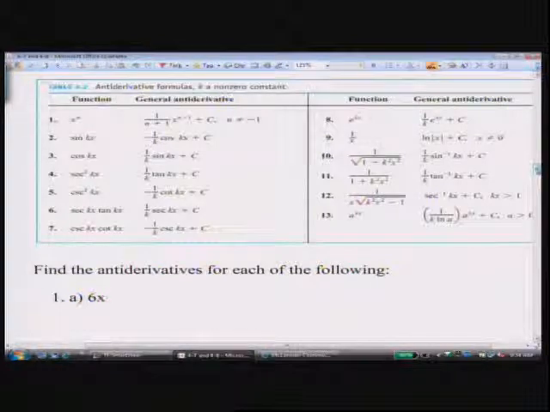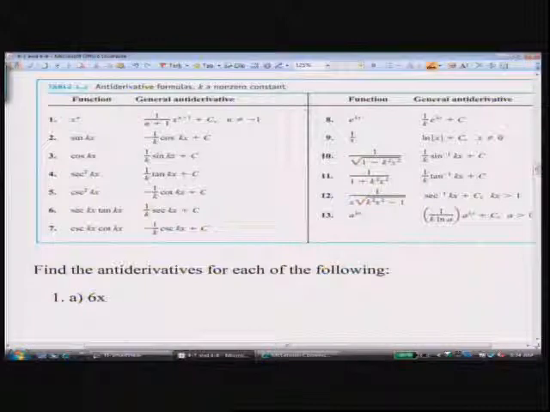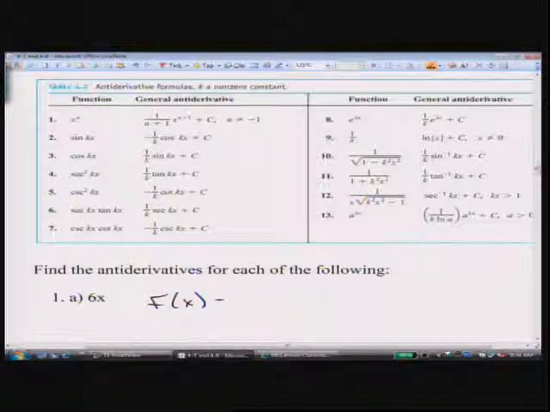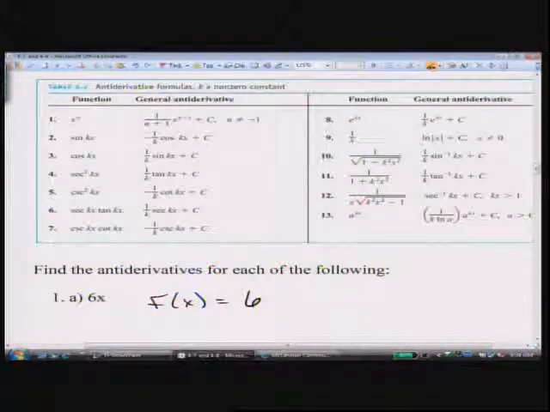Let's see. So what do you think the antiderivative of 6x is? Well, the constant always just tags along. And so it's going to be 6, and then according to the first one on the table, if the function is x to the n, the antiderivative is 1 over n plus 1, x to the n plus 1.